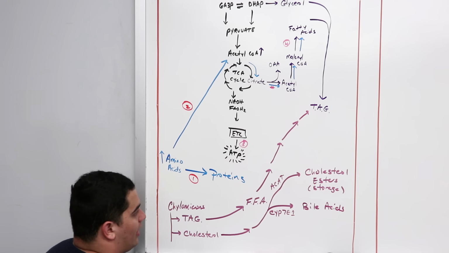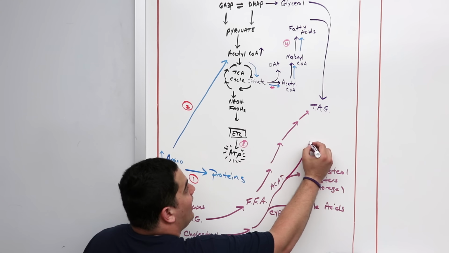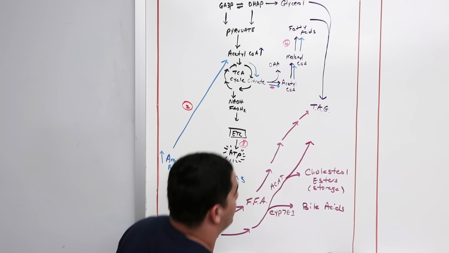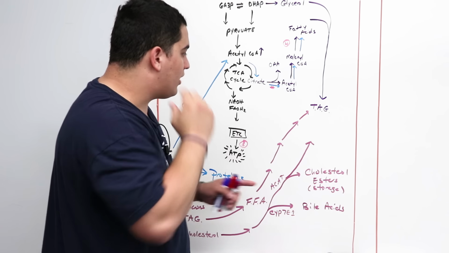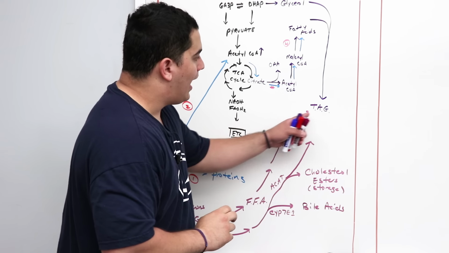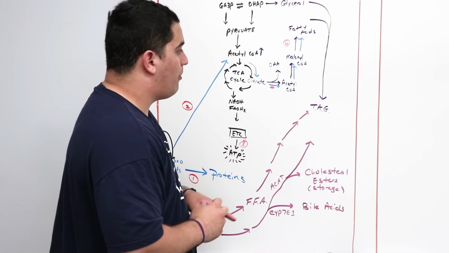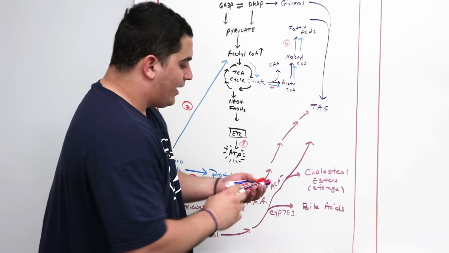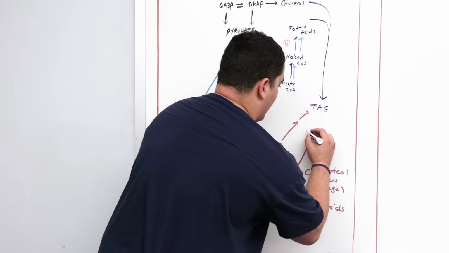And another thing that we can do with the cholesterol, let's bring it up one more, is we can incorporate it into something else. Let's say I take the cholesterol that I brought from my chylomicrons. I take the triglycerides that I got from synthesizing it from glucose or from amino acids, and I take those triglycerides and this cholesterol that I have here.